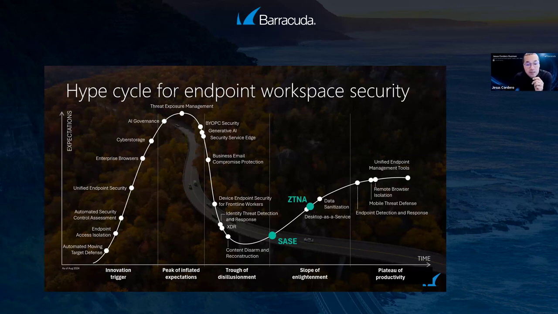We saw them in the innovation trigger. It's the people that always want to have the newest, shiny, bright things, until the hype becomes that the majority of the people are there.